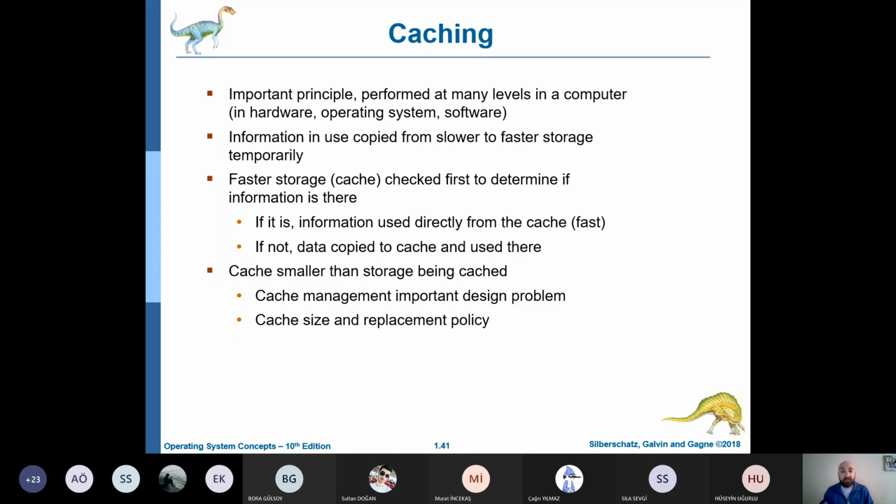Because caches have limited size, cache management is another important design problem. So we have to be careful. We need a careful selection of the cache sizes, and a replacement policy can result in increased performance. So we are going to discuss the caching methods too.